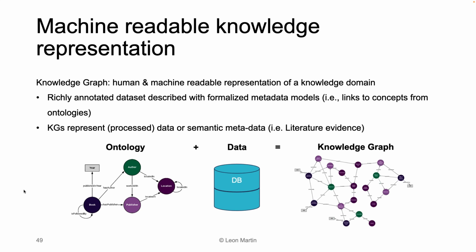So the knowledge graphs represent process data, which is linked to semantic metadata, for example literature evidence. You could have raw data sets, brain data, which is really well semantically annotated, but you can also link to literature documents, to scientific articles, which are also annotated with classes from the ontologies.